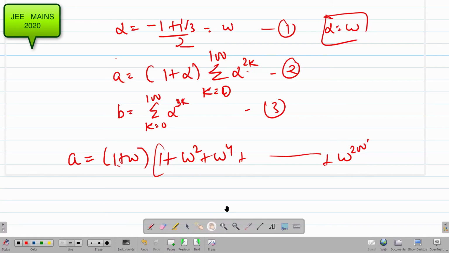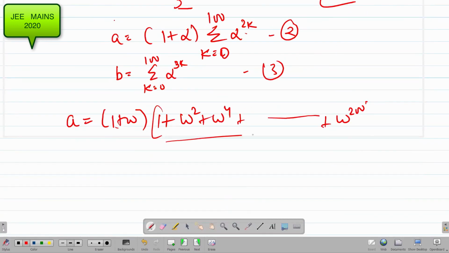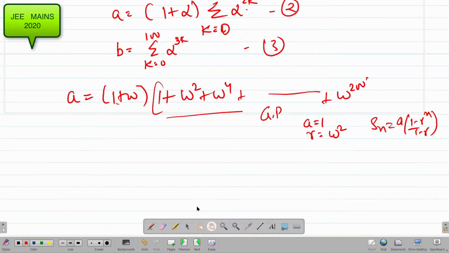And we can see that this is a GP, geometric progression, where the first term is 1 and the common ratio is omega square. And sum of GP is a into 1 minus r to the power n upon 1 minus r. So here I am using this formula.